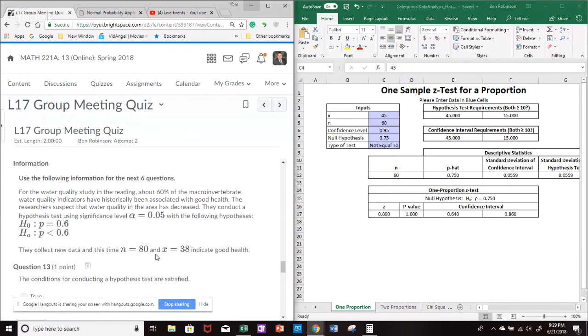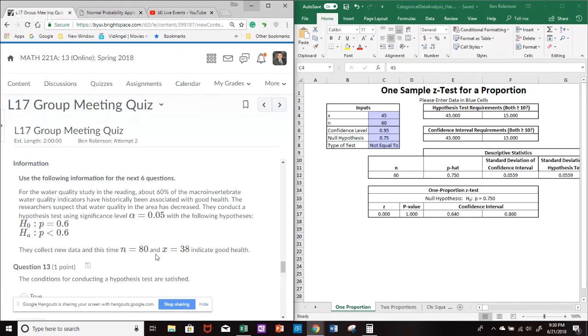For the next one, for the water quality study in the reading, about 60% of the macroinvertebrate water quality indicators have historically been associated with good health. The researchers suspect that water quality in the area has decreased.